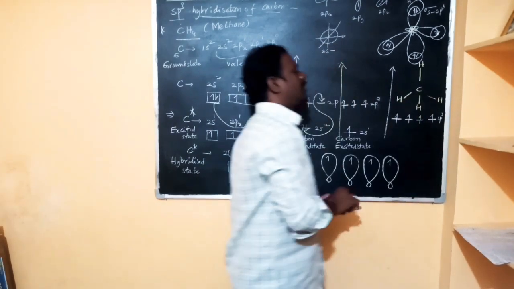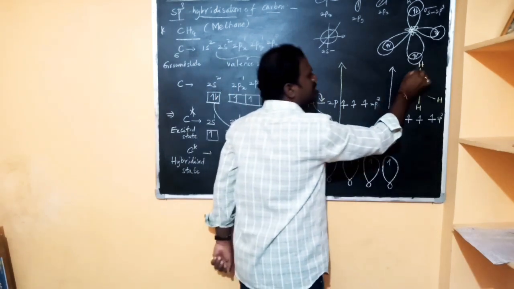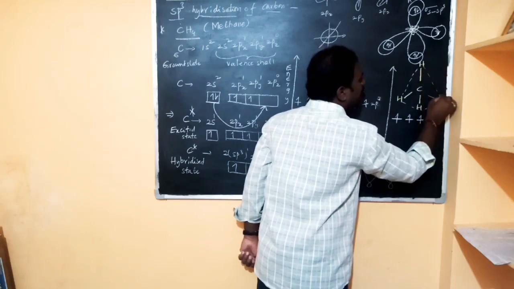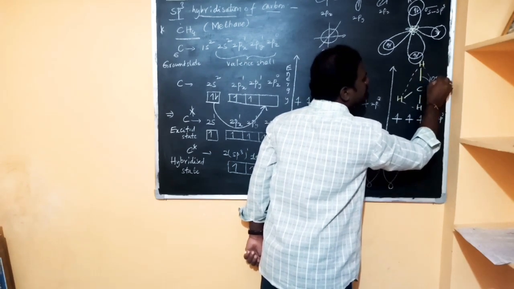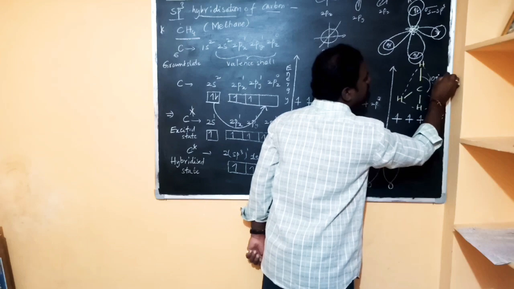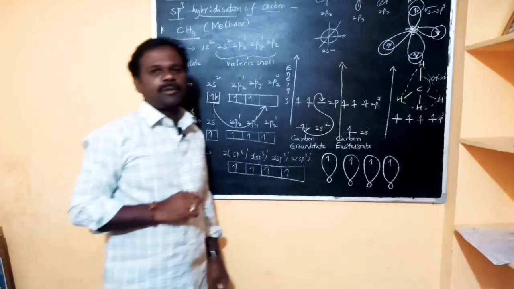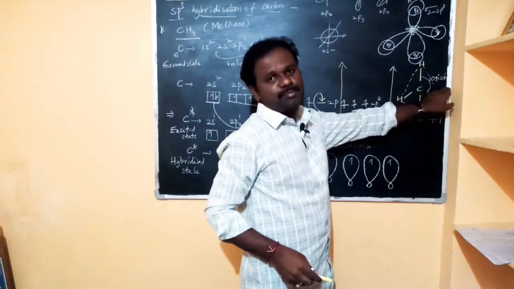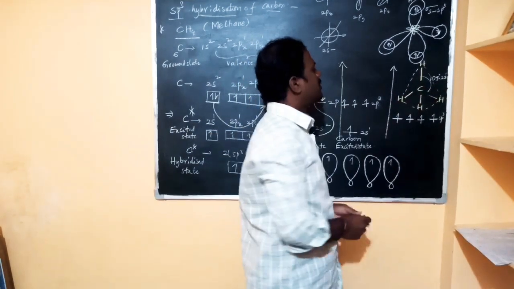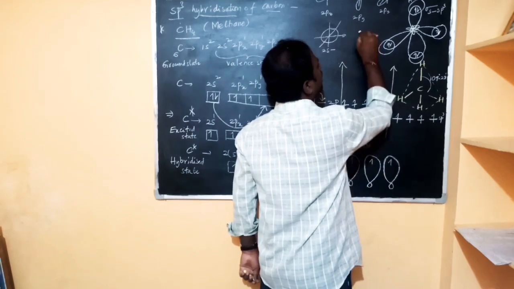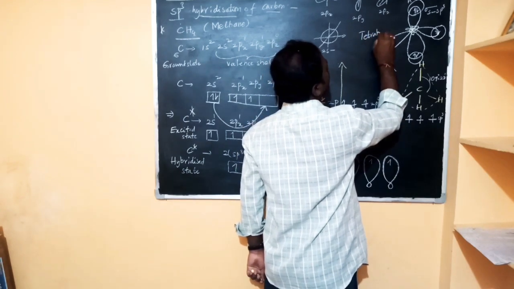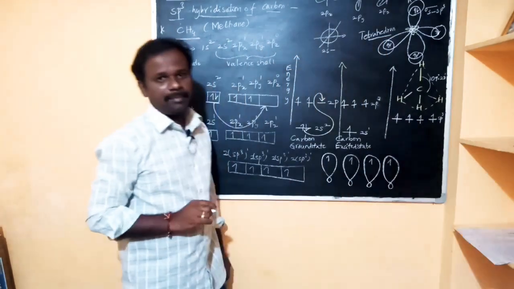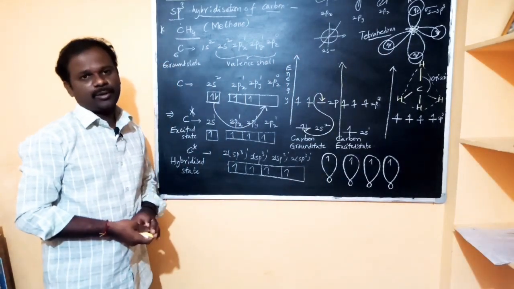Okay, the same bond length is there, as well as in between any 2 bonds the bond angle will be 109 degrees 28 minutes. So the shape of the molecule is known as tetrahedron. Tetrahedron is the shape of the methane molecule.